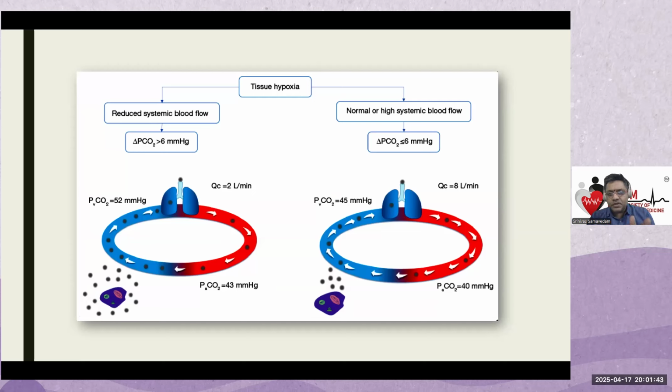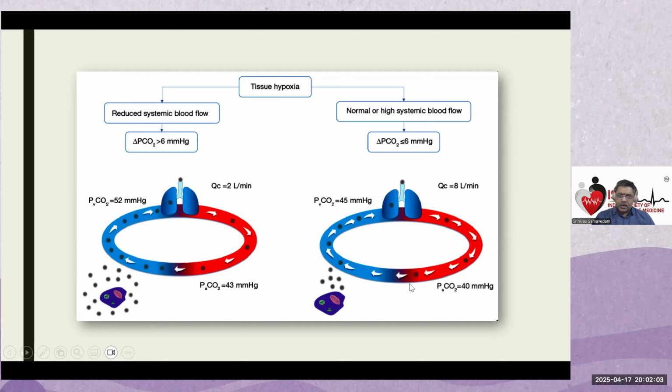You look at a patient with tissue hypoxia and you look at somebody who has a reduced systemic blood flow versus somebody who has a normal systemic blood flow with a cardiac output of 8 liters per minute. You can see in this diagram at a cardiac output of 8 liters per minute, the PaCO2 on the arterial side is 40.